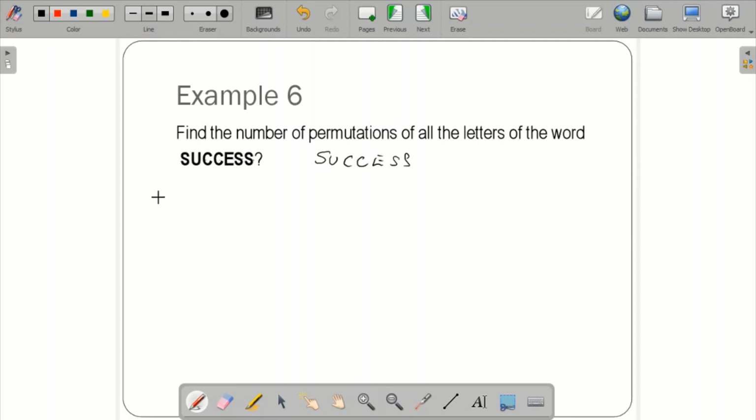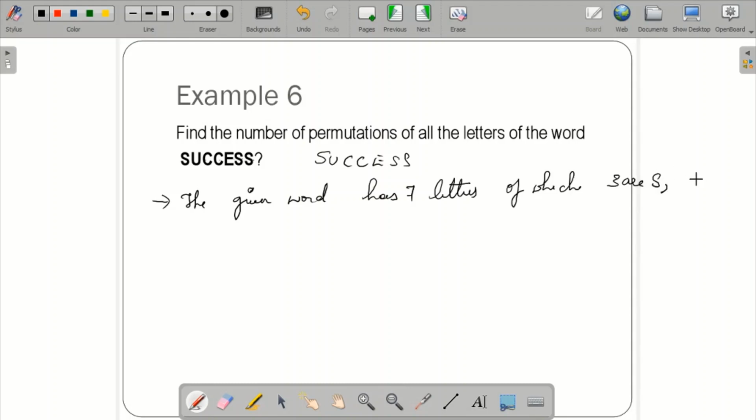So the given word has seven letters, of which 3 are S, 2 are C, 1 is E, 1 is U.